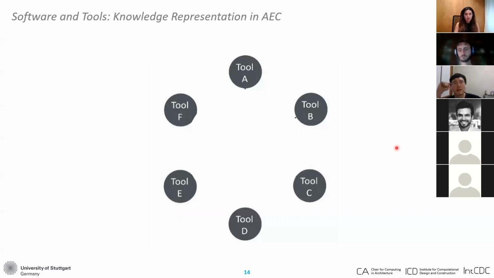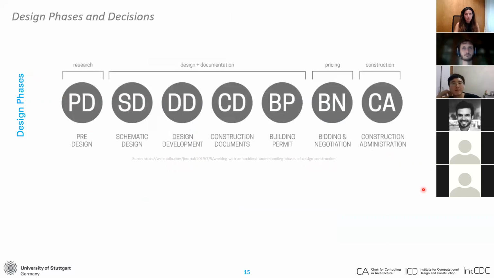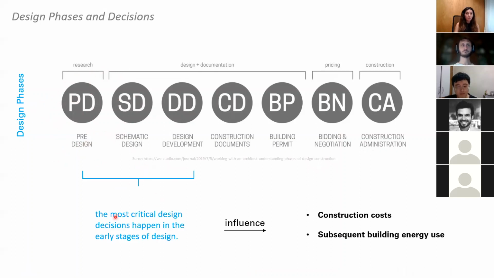But as we know, some data might be relevant just for the later stages of design, construction and fabrication in a linear design process, and some might be needed just in the early stages of design. But the most critical design decisions happen in the early stages of design, and they influence not just construction costs, but the subsequent building energy use.